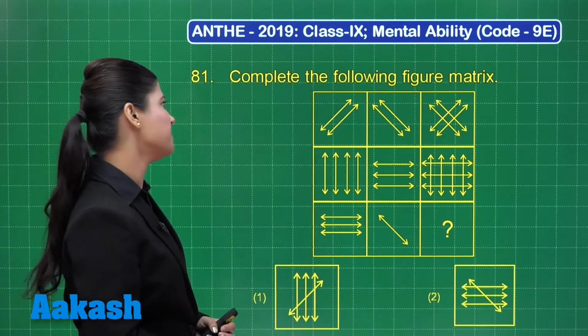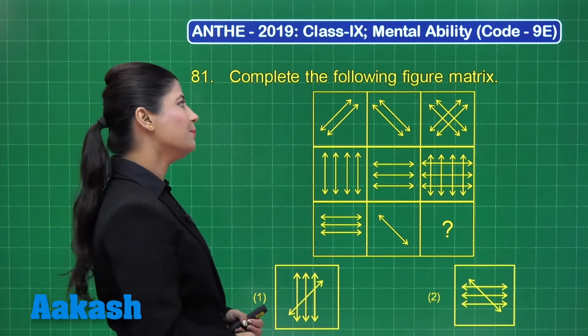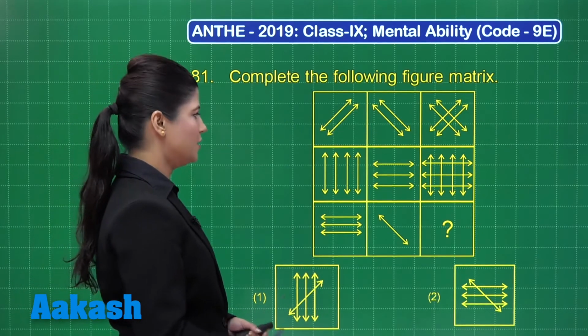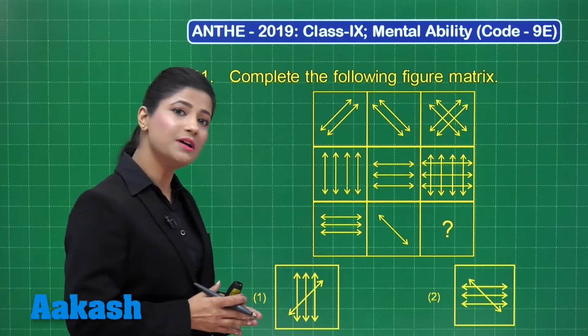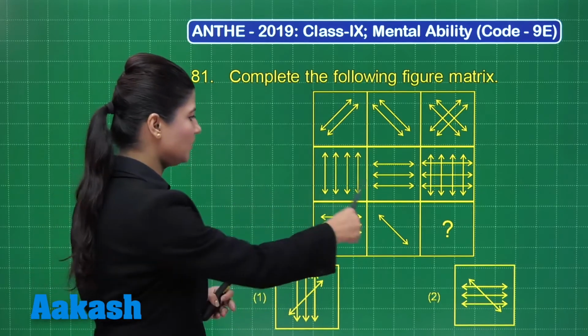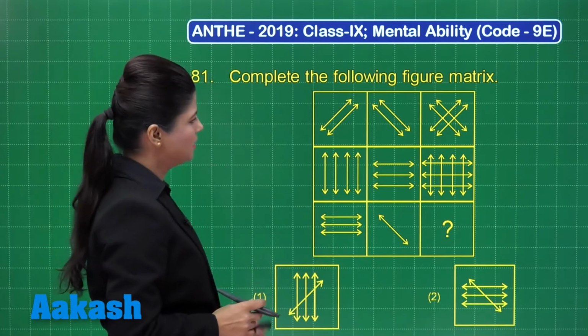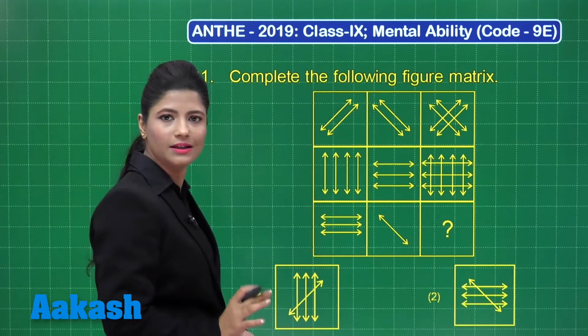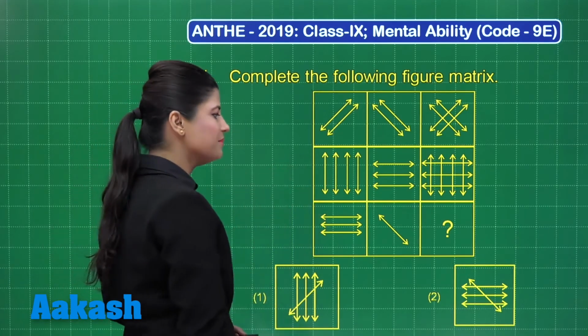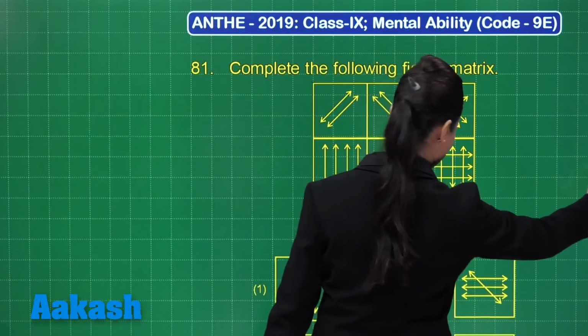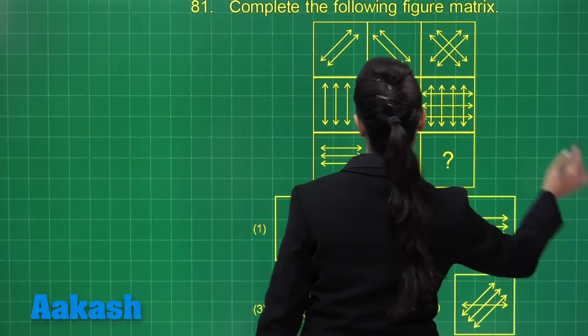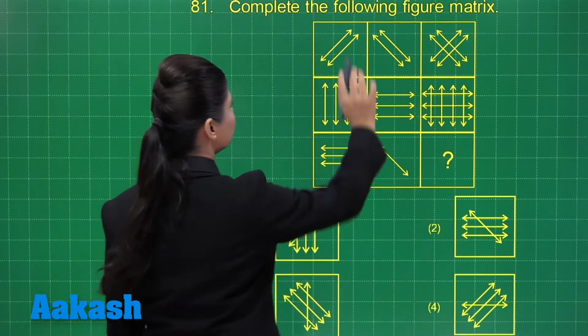Here I have question number 81, which states: complete the following figure matrix. You can see this is a figure matrix having 9 figures where one of the figures is missing. We need to find the pattern here, and according to that we will obtain the missing figure.